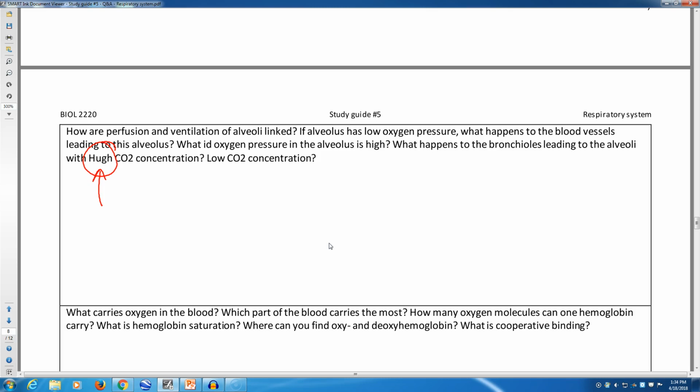Now, if you have an alveolus with elevated oxygen levels in it, what's going to happen to its perfusion? High oxygen. Increase, because we need to pick up that high oxygen. What increases that perfusion? That may be a little bit more complex question. What is the mechanism for increased blood flow to the alveolus?